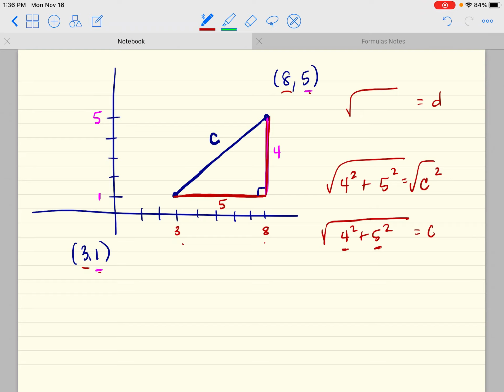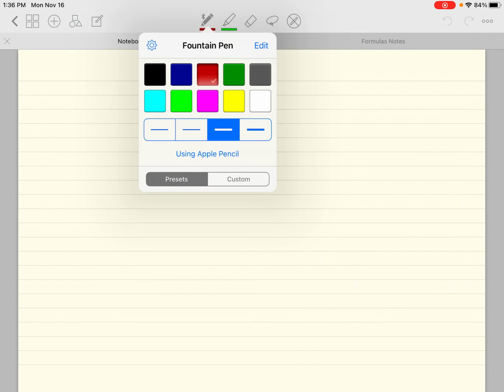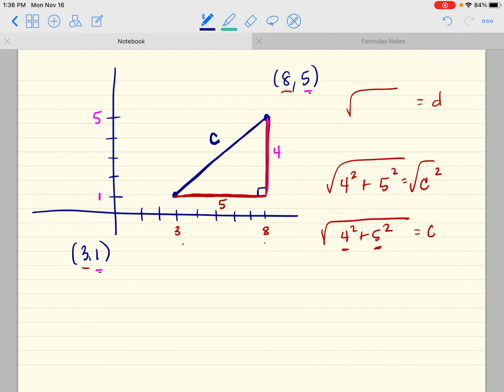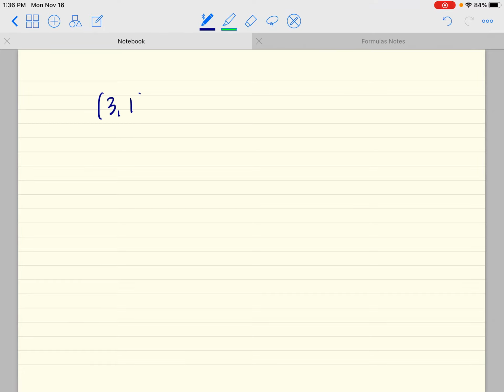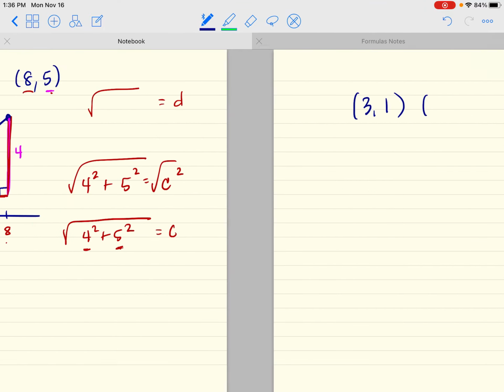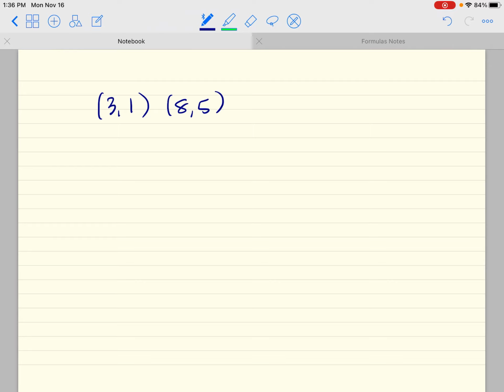So when I'm looking at a problem like this, I'm thinking about this as the Pythagorean theorem. So let me show you here again. If our coordinates were 3, 1 and 8, 5, then I know the vertical leg of my triangle and the horizontal leg of my triangle would be the distances between the x's and the y's.